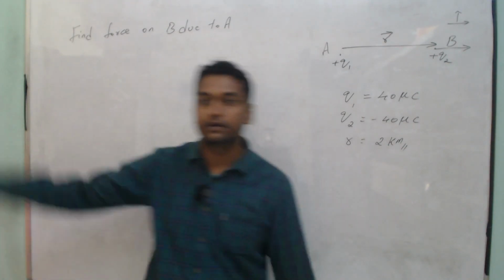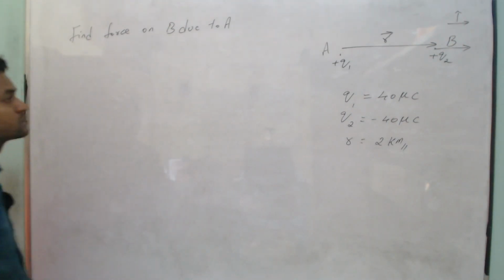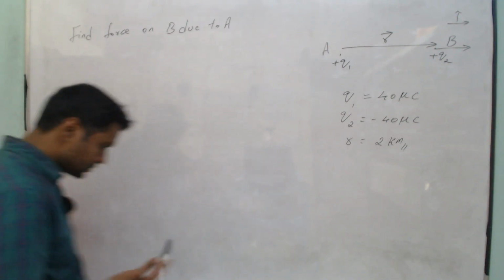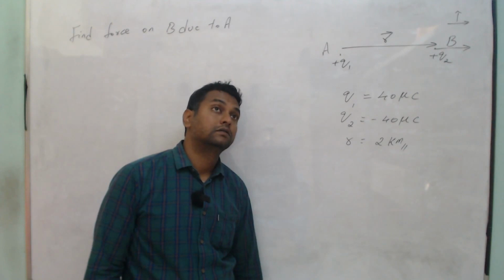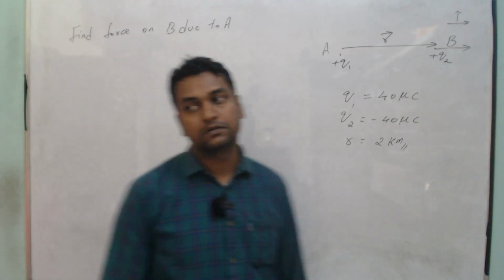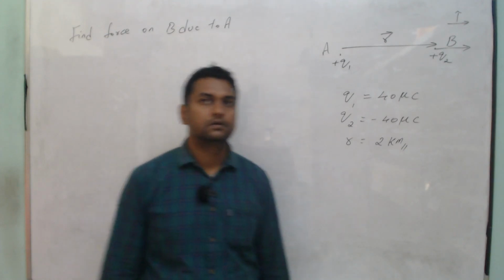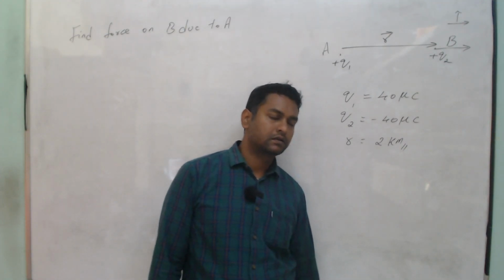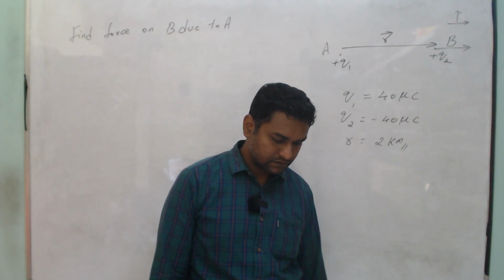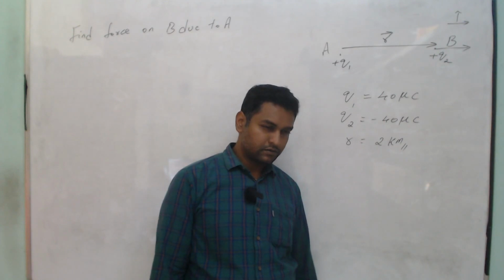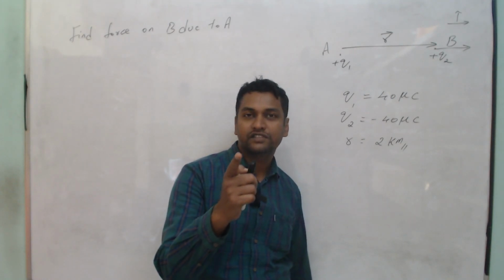Second question. Yes, sir. It is 10 power minus 7 into 10 power minus 3, divided by R square. In the previous question also it was 10 power minus 7.